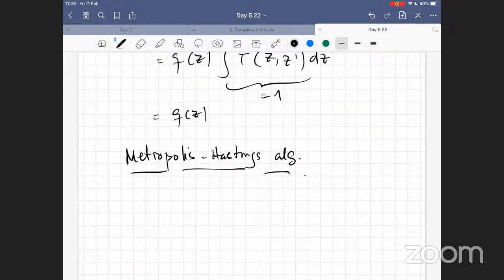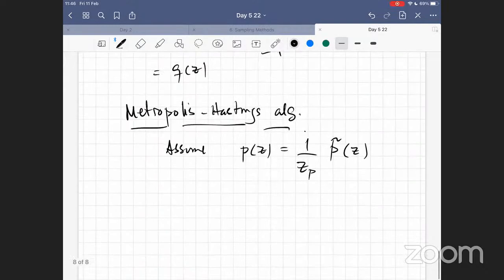Okay, so then assume in general, again, that you may assume some texture for your distribution, which is given by this P tilde and a normalization of that. And I want P to be a stationary distribution.